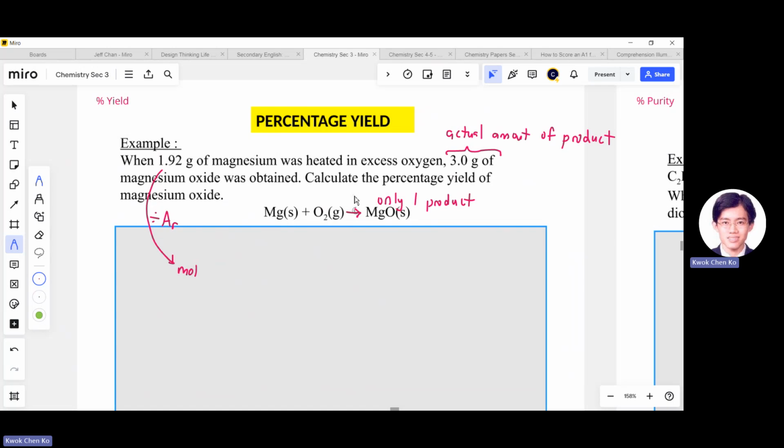In this case, it's magnesium. I'll let you all find out the number of moles of magnesium. Based on this, find out the mole of the product, theoretically. And after that, you find out the mass.